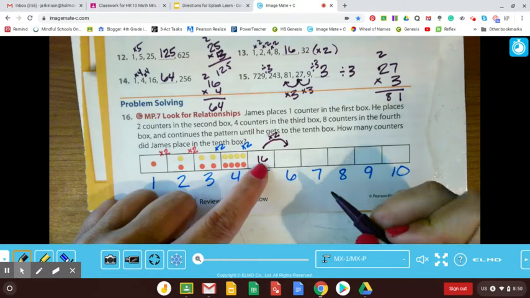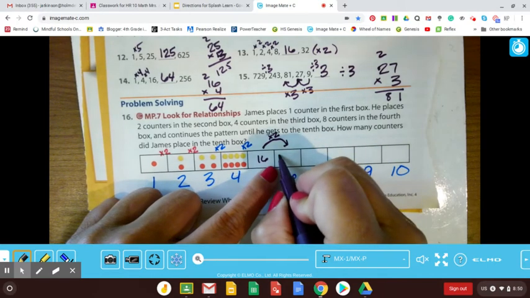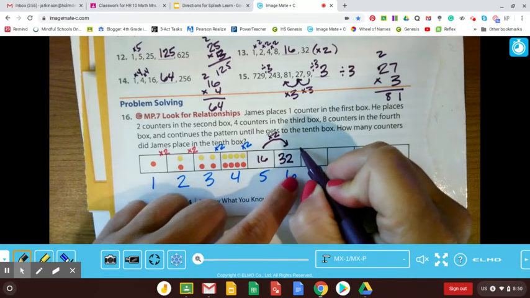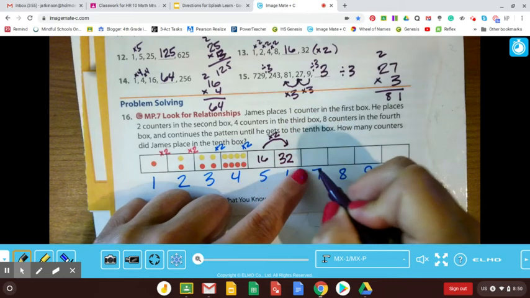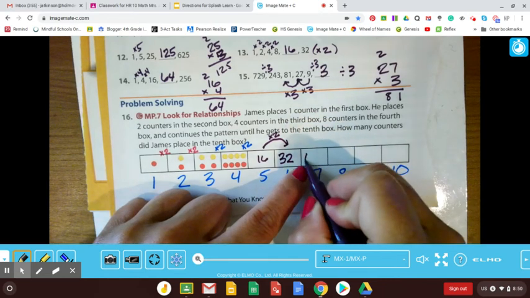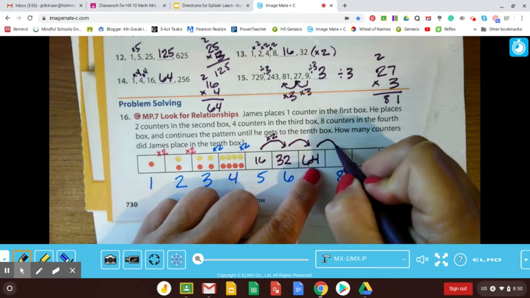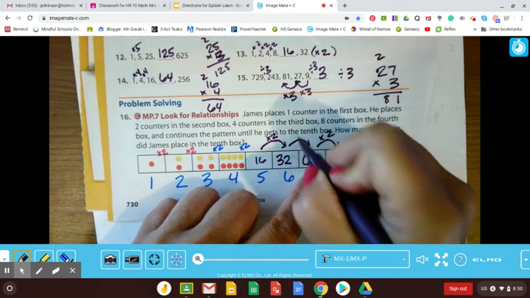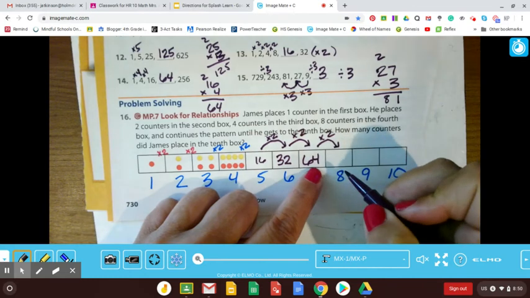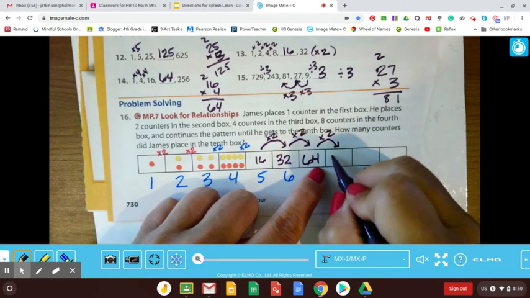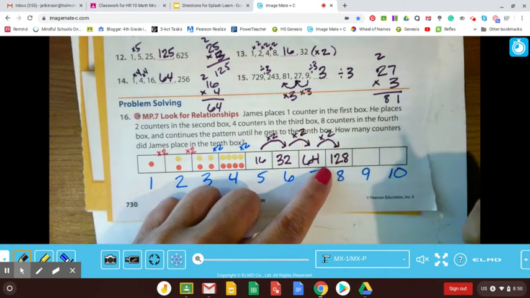What's 16 times 2? Oh, that's 32. What's 32 times 2? That's 64. What's 64 times 2? Right, we're doing times 2 for all of these. 64 times 2 is 128, I think, right?